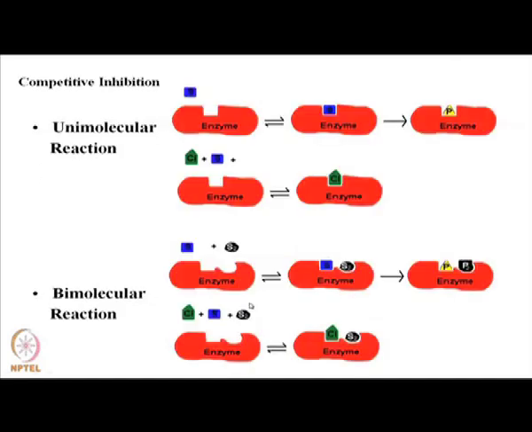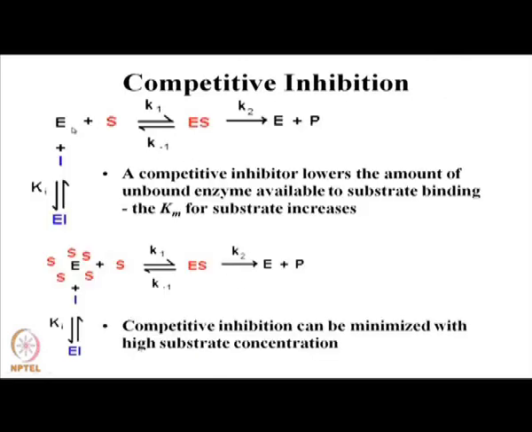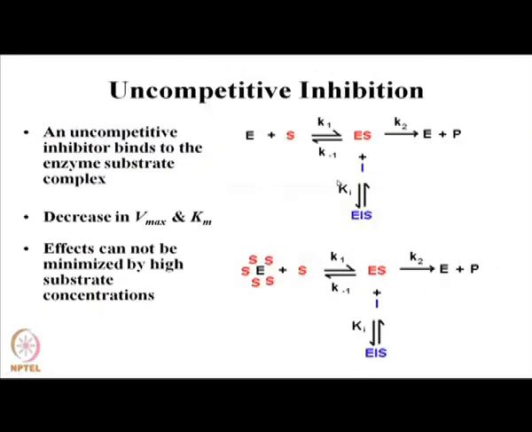So, if you go back to competitive inhibition, you see that here the inhibitor binds directly with enzyme, but in case of uncompetitive, it does in a different fashion, that it binds with enzyme substrate, okay, to produce enzyme substrate inhibitor, a different complex, and once it is formed, it cannot give rise to this one, that is your product. Okay, and there is a change in Vmax as well as Km.